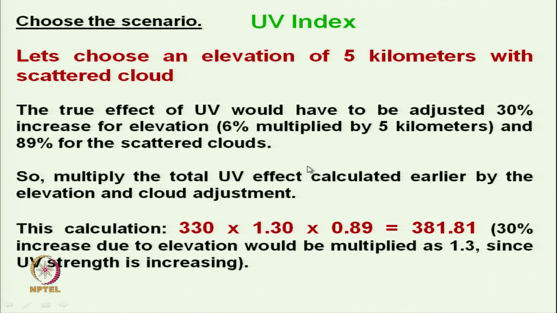and 89% of that because of the scattered clouds. So, if you take both these two aspects into consideration, the calculation will be 330, which we have got earlier, times 1.30, that means 30% increase due to the 5 kilometer elevation, and times 0.89 due to scattered cloud.